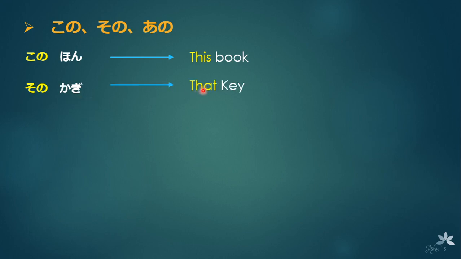Kono hon means this book. Sono kagi means that key. Ano tsukue means that desk, that which is over there, far away from the speaker and the listener.